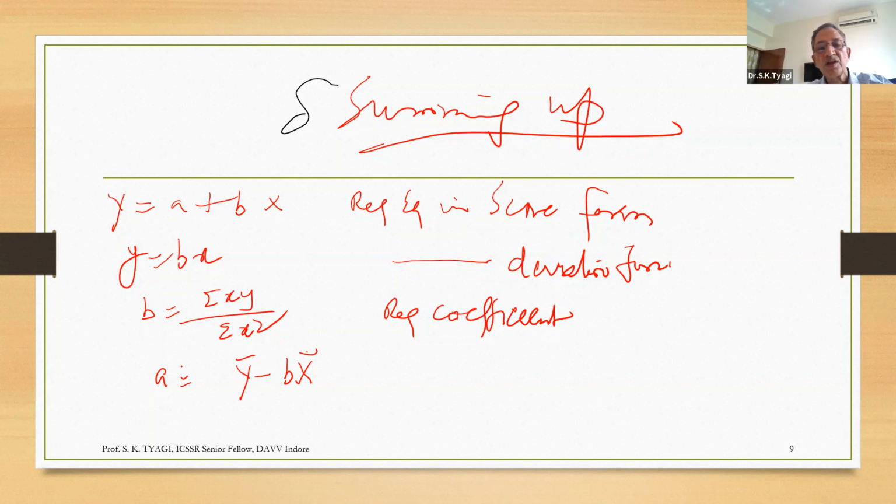Now I come to one numerical example, so that this theoretical knowledge is applied practically, and then we will see whether using SPSS we are getting the same results or not. So I am coming to this example.